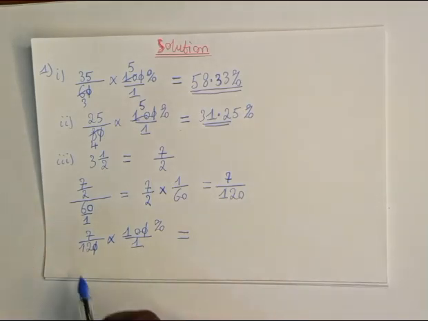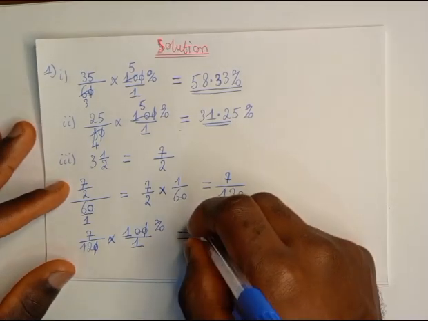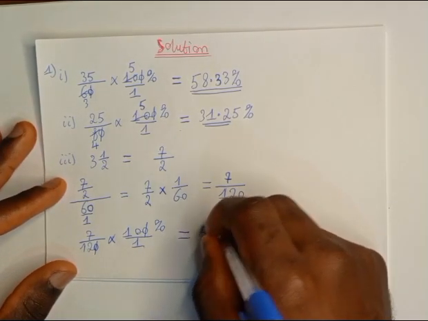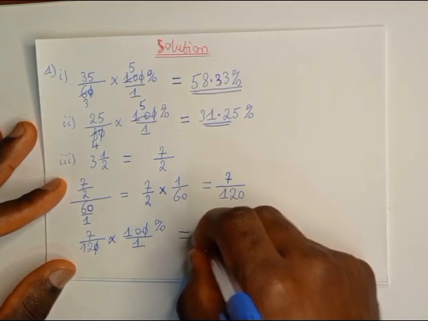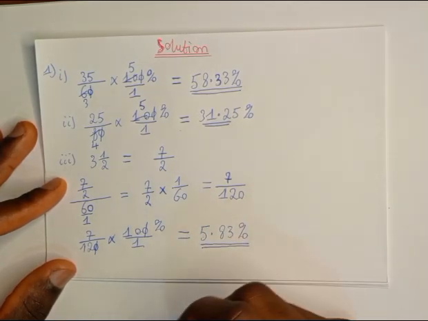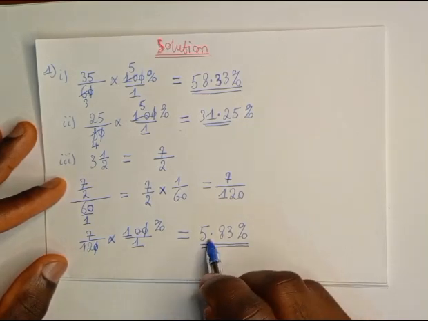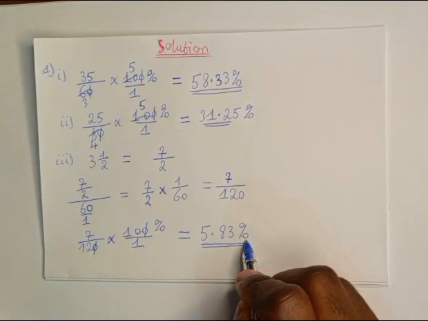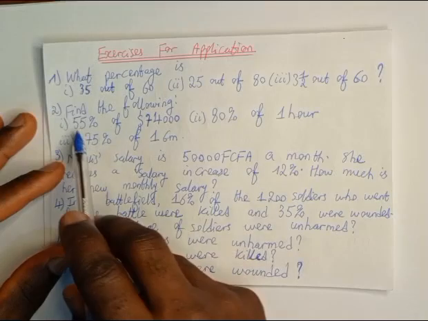This will simply be equal to 70 divided by 12, which gives us 5.83. Then we attach the percentage sign, 5.83%. Therefore, 3.5 out of 60 as a percentage is 5.83%. We go now to question 2, which says find the following.